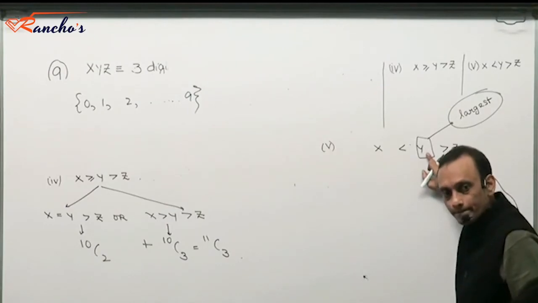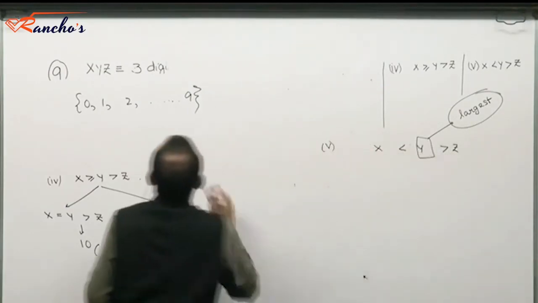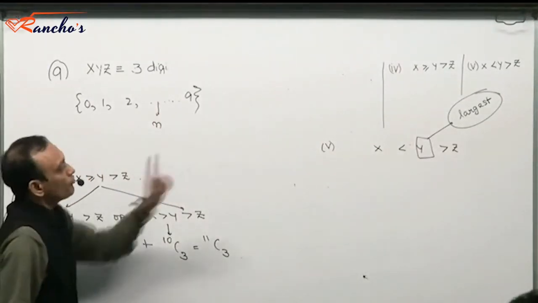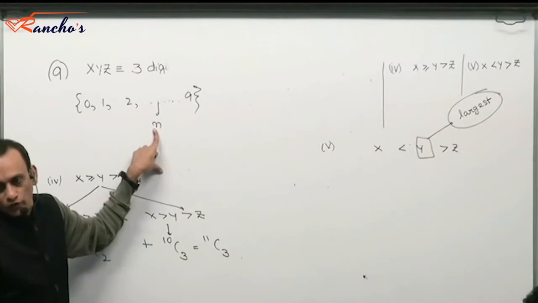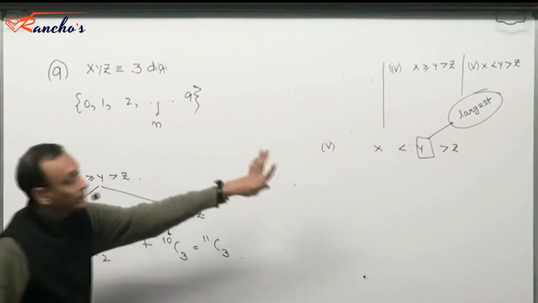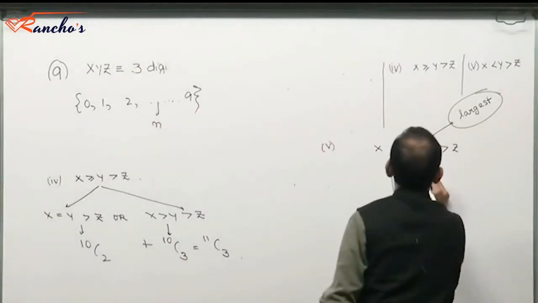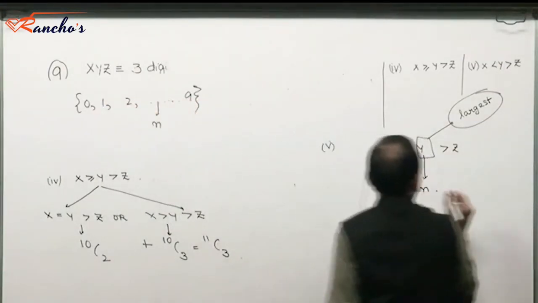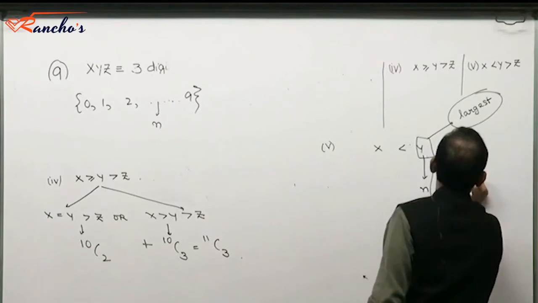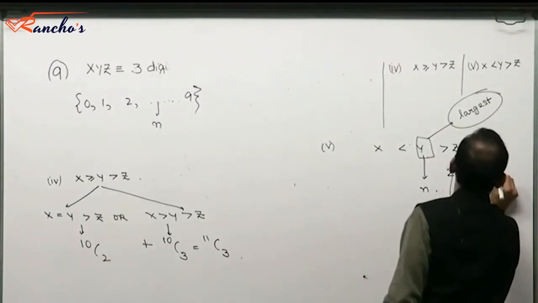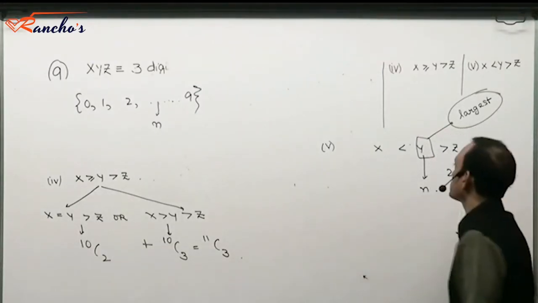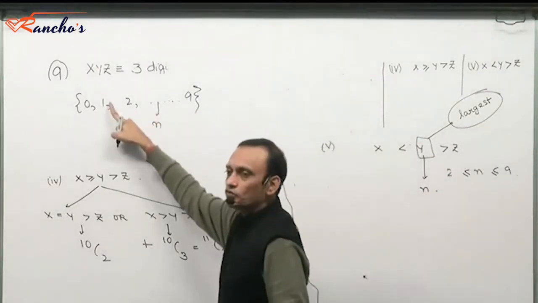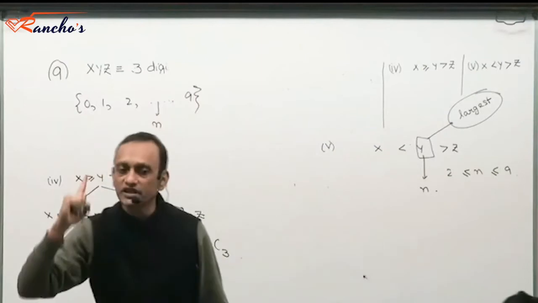Suppose y is some digit n, where n is greater than or equal to 2 but less than or equal to 9. Do you understand this?